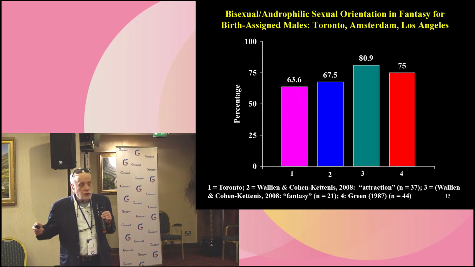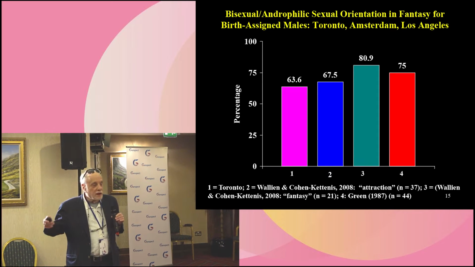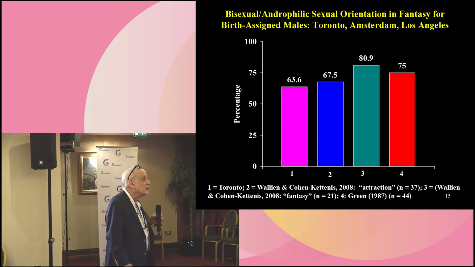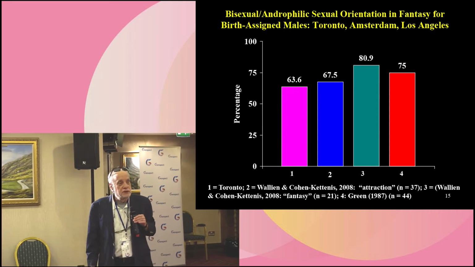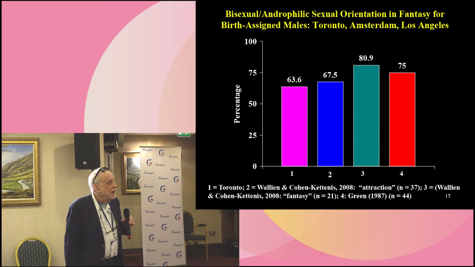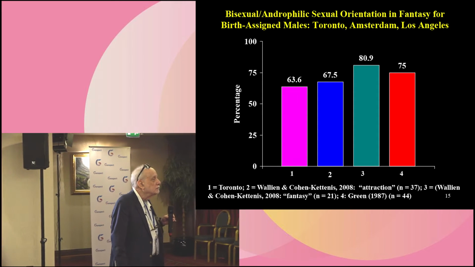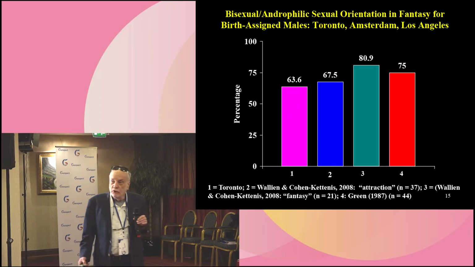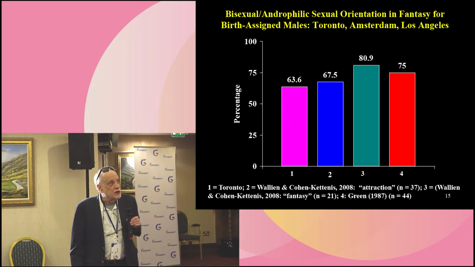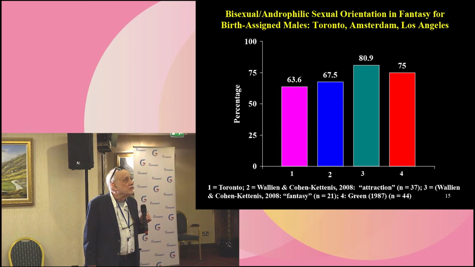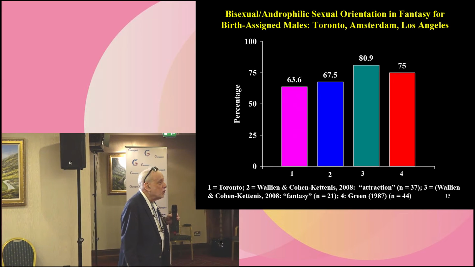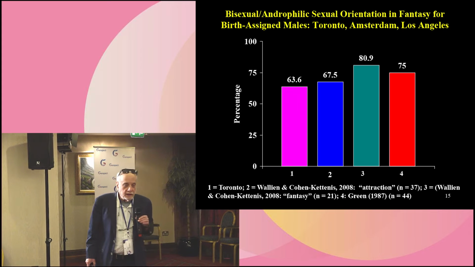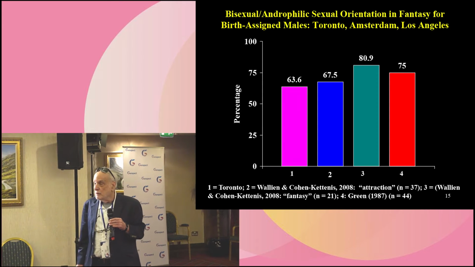So same-sex attraction, as Professor Biggs alluded to earlier, is highly associated in this follow-up study. And in Toronto and in the Netherlands, very similar findings about sexual orientation. These are data for birth-assigned males. So a very high percentage of these boys, when you follow them up in late adolescence or young adulthood, are same-sex attracted.